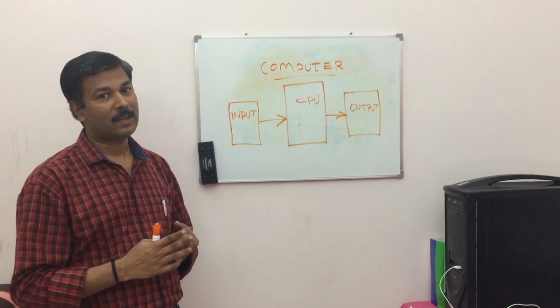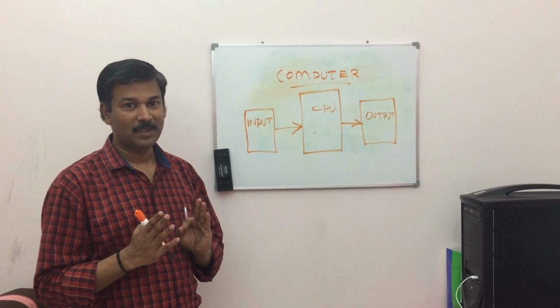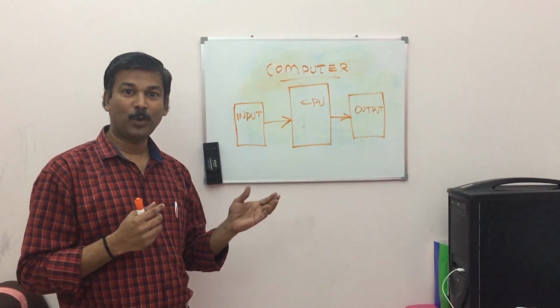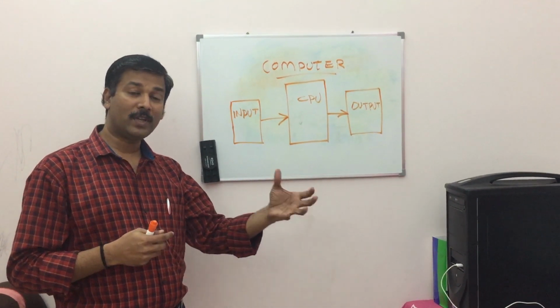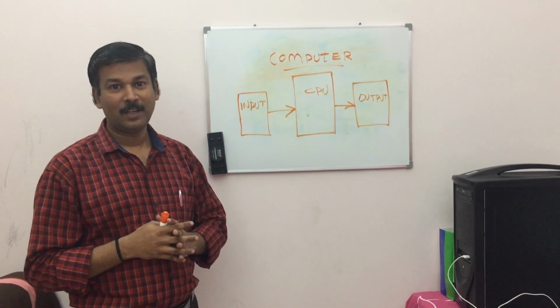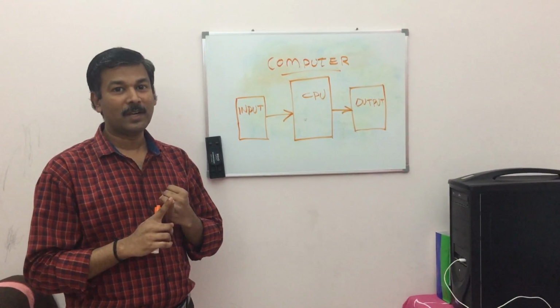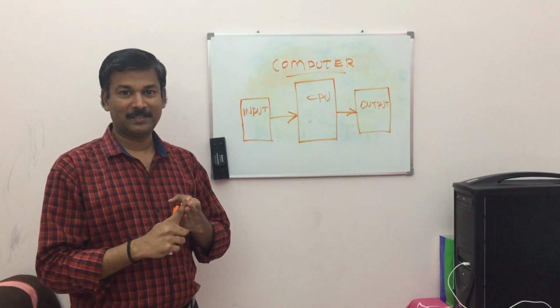And one more unit, the speaker, gives audio output. Suppose we want to hear some songs, when we play the song in the computer, the output is given through the speaker. So the commonly used output units are monitor, printer and speaker.